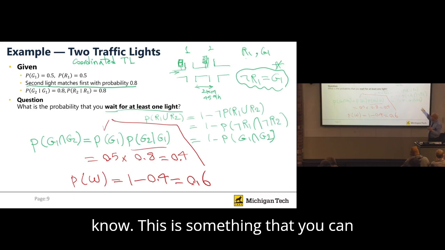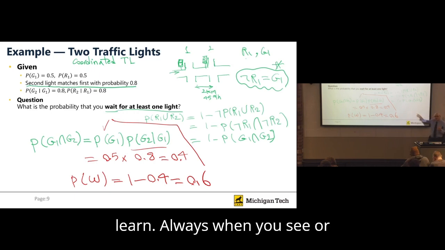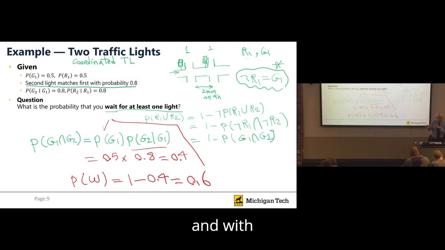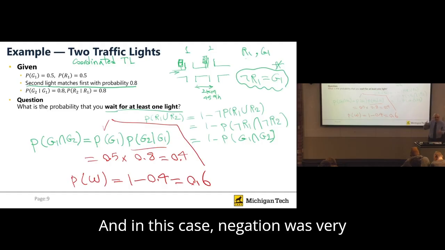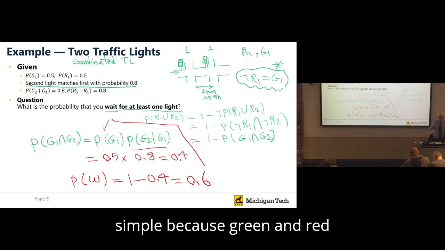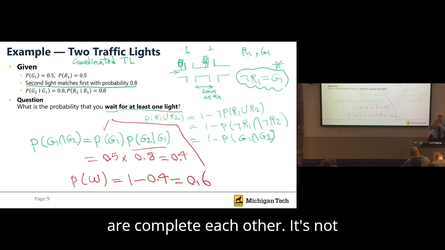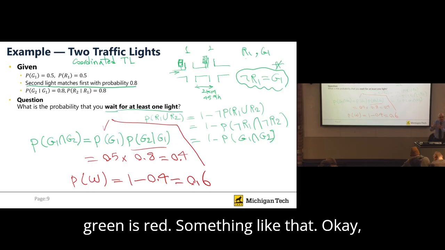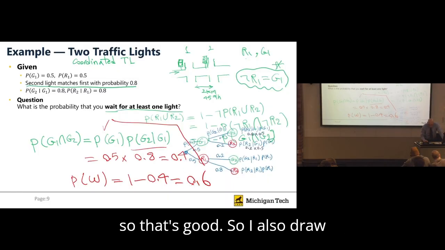This is something that you can learn. Always when you see "or", try to use De Morgan's law to change it to "and", with negating your events. And in this case, negation was very simple because green and red complete each other. If it's not red it is green, and if it's not green it is red.